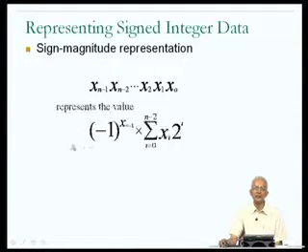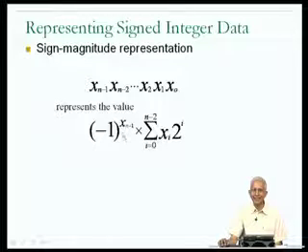And the answer is that x_{n-1}, x_{n-2}, etc. up to x_0 represents the value (-1) to the power x_{n-1} multiplied by the summation, i equal to 0 to n-2, of x_i multiplied by 2 to the power i. Right? So what we have here is i is the bit position, assuming that I number the bits from right 0 up through n-1 at the extreme left.